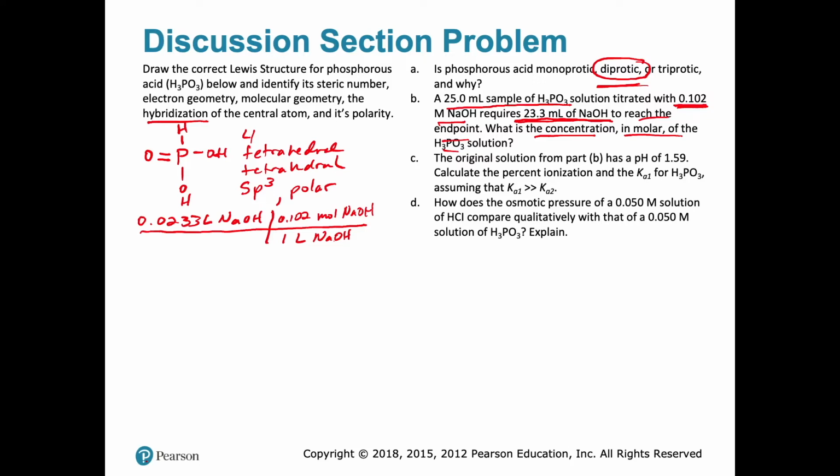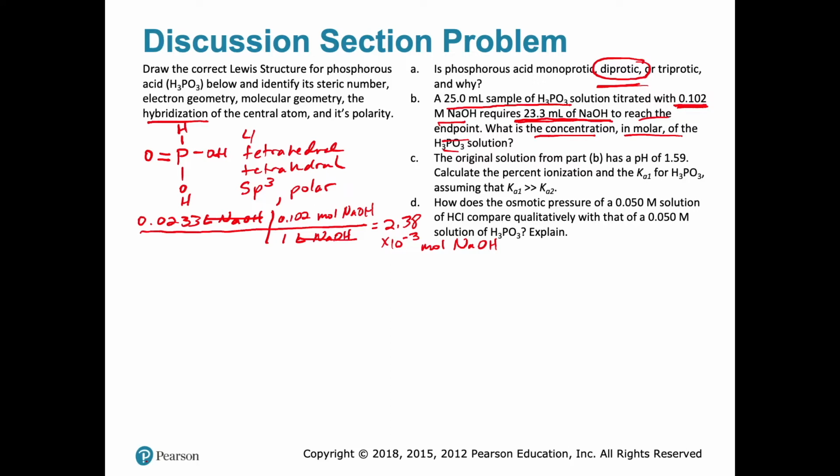Which is great because now you can cancel out liters of sodium hydroxide and you're left with moles of sodium hydroxide. So how many moles of sodium hydroxide do we end up with here? I believe it's 2.38 times 10 to the negative 3 moles of NaOH. Okay? We're not done yet, though.